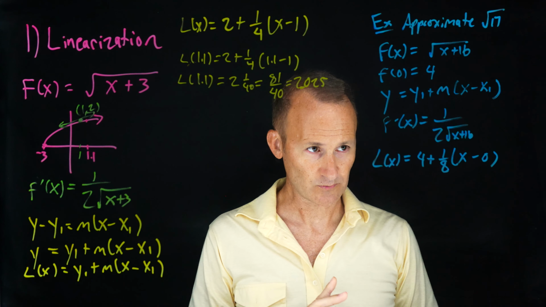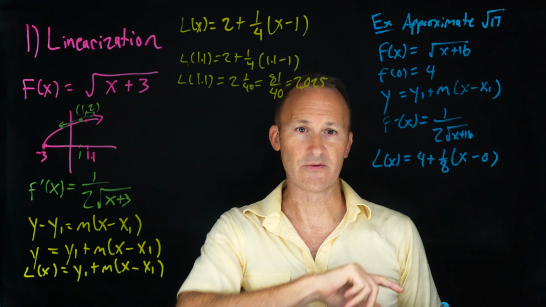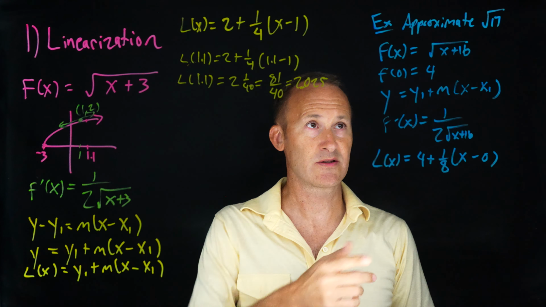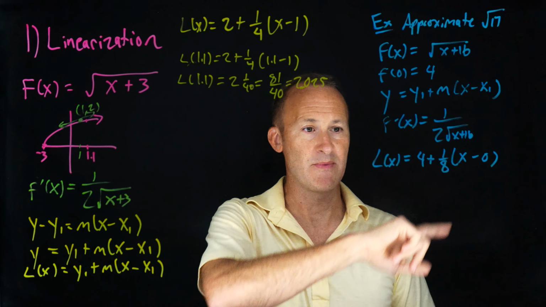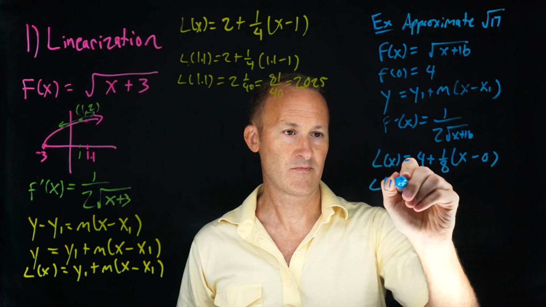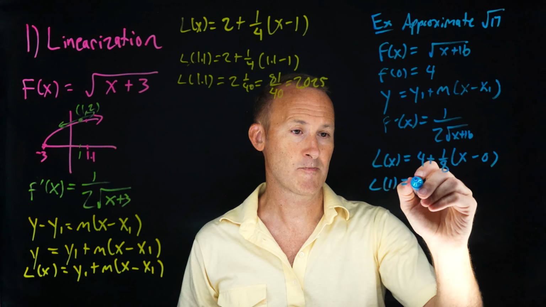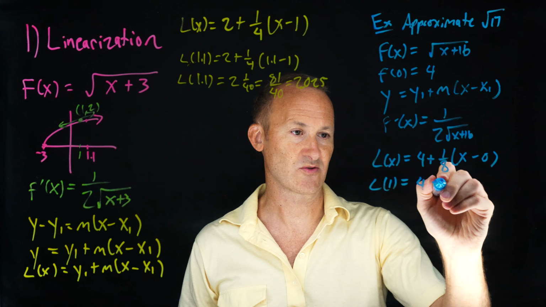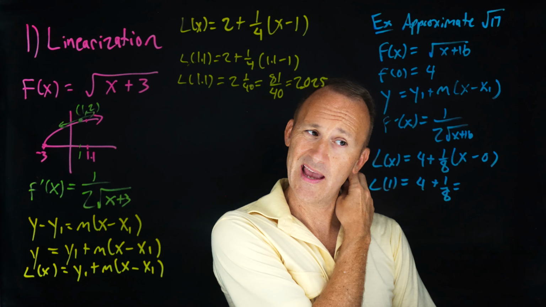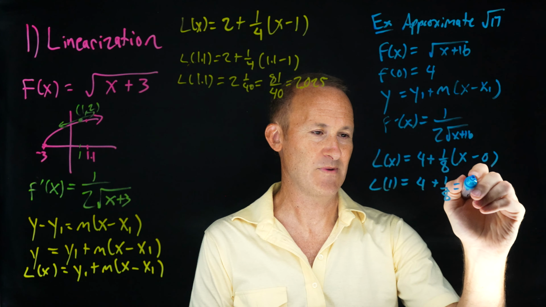Now, it gives us the tangent line at the point 0, 4. And what we're going to figure out is the square root of 17 by making x equal to 1, right? So L of 1, because that will make this root 17. And so we get 4 plus just 1/8, and that equals, what does that equal? 4 1/8.